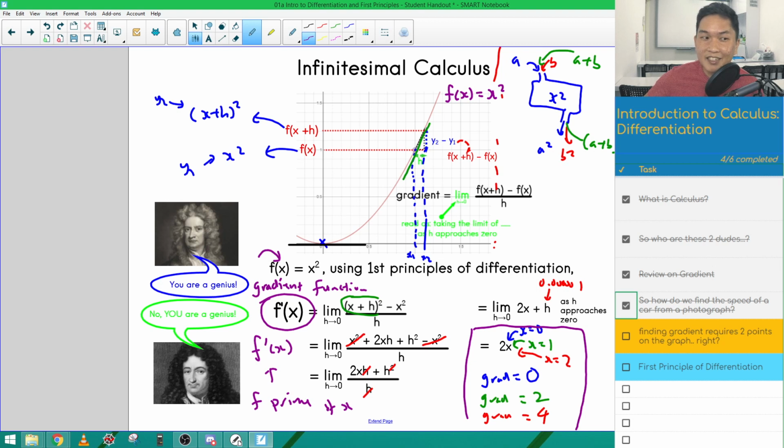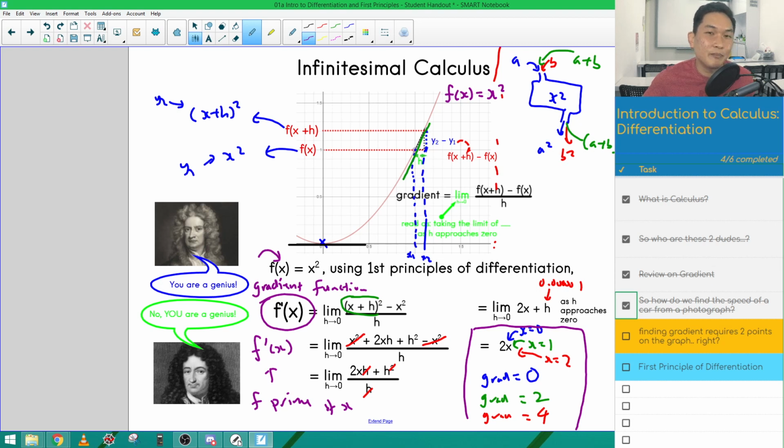But what I've just shown you, the gradient function, I did not need 2 points. I only needed 1 point, so that our machine can take in the input and then churn out the gradient for you. Do you realize that? Very sneakily, I've shown you that, ironically, you can find the gradient with only one input, with the gradient function, with differentiation.